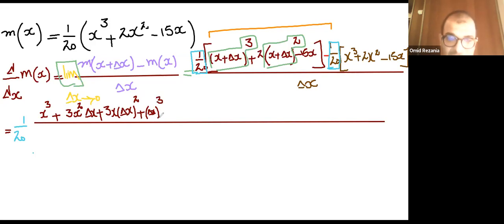This is the expansion of the term which involves power 3.